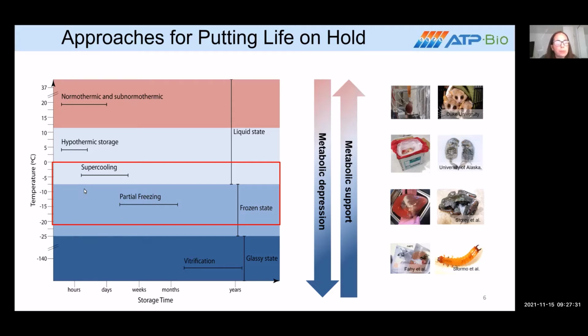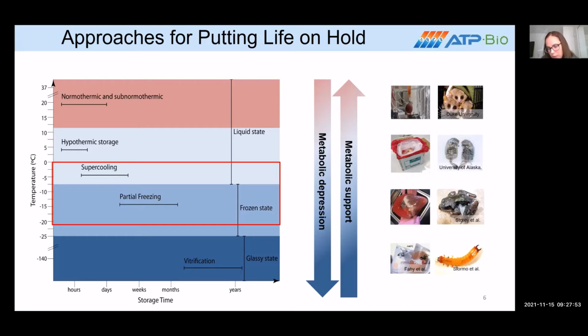The other approach that I want to mention briefly is up in the higher realm, so closer to the physiology of the organ. There's two approaches: normothermic, which is at normal physiological temperatures of 37 degrees, and subnormothermic, which is around room temperature of 21 degrees Celsius. So this is different from the others, which aim to achieve metabolic rate depression.